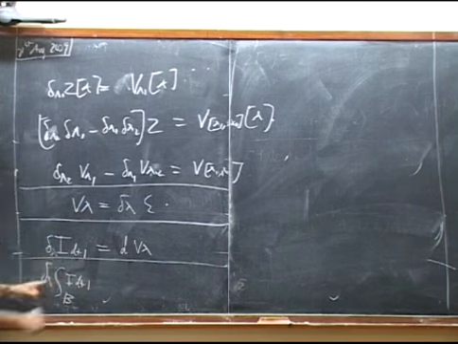The lambda variation of this is equal to the integral of d v lambda over the ball. So that, by Stokes' theorem, is the integral of v lambda over space.